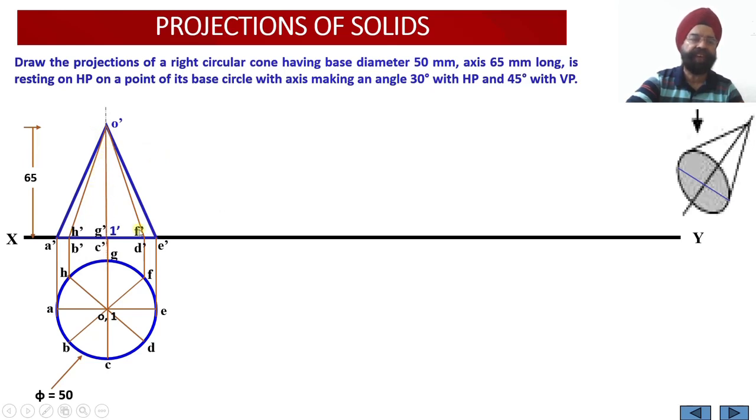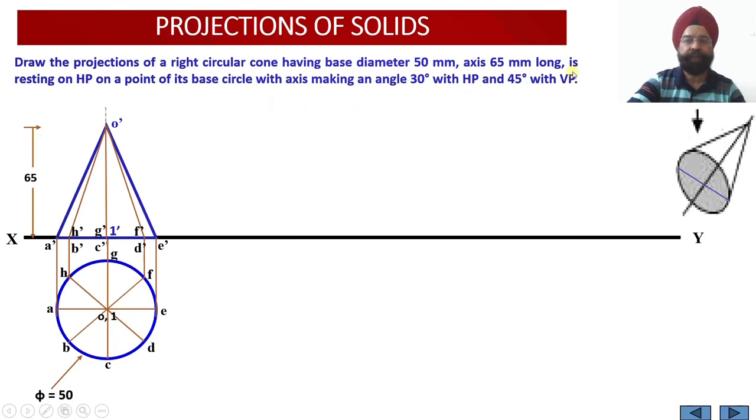The outermost generator, O dash A dash, defines the boundary of the cone. So this is my dark line, object line projector. Similarly, O dash E dash is the boundary line projector. So this is drawn dark, and the interior generators are drawn with the help of 2H. So this completes our front view elevation of the cone which is resting on the ground.